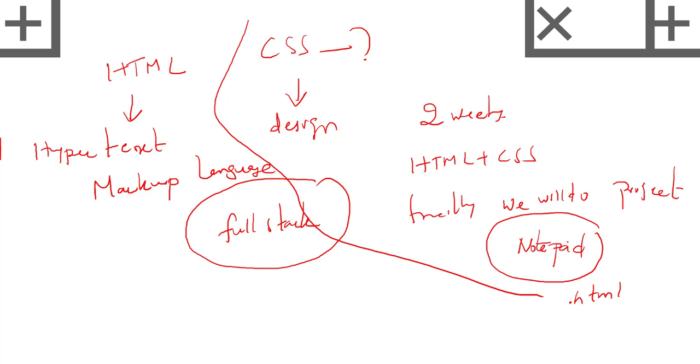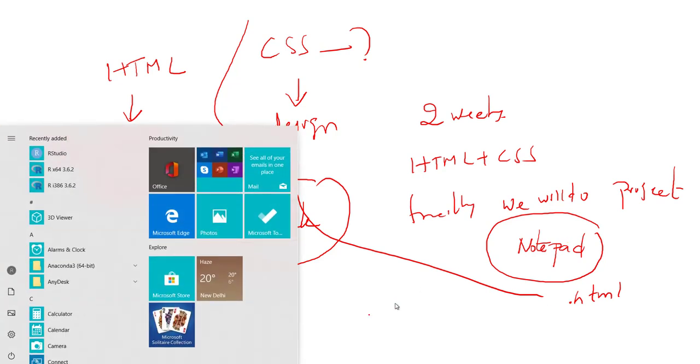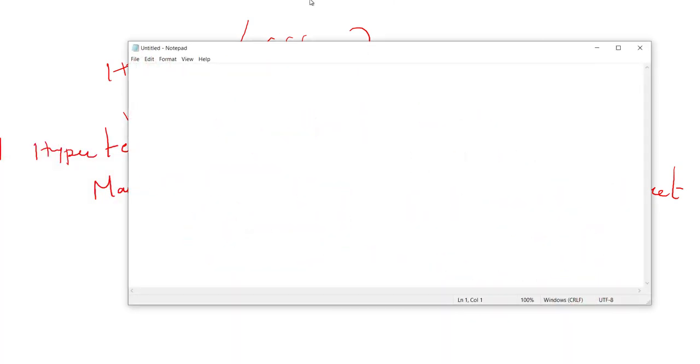From tomorrow I'll discuss the structure of an HTML program and everything else. Today, just see how easy it is. I'll open Notepad. It starts with the HTML tags. You can use uppercase or lowercase, it is case insensitive, it doesn't matter.